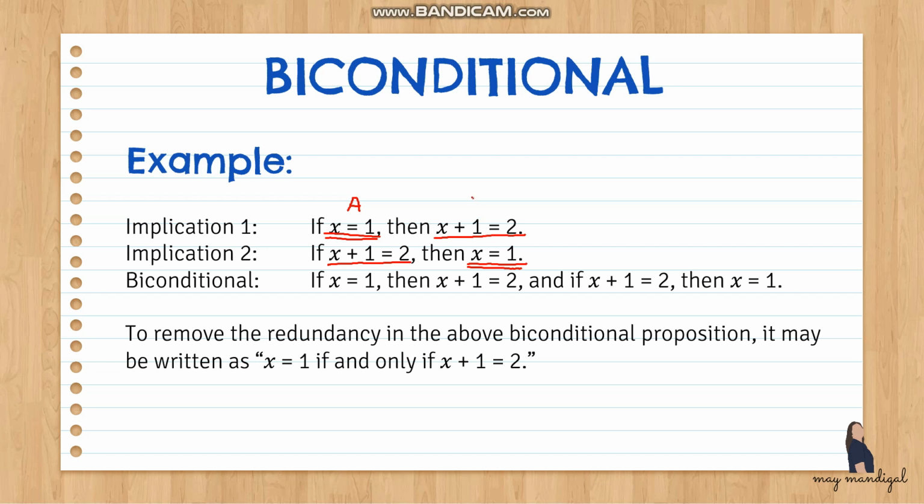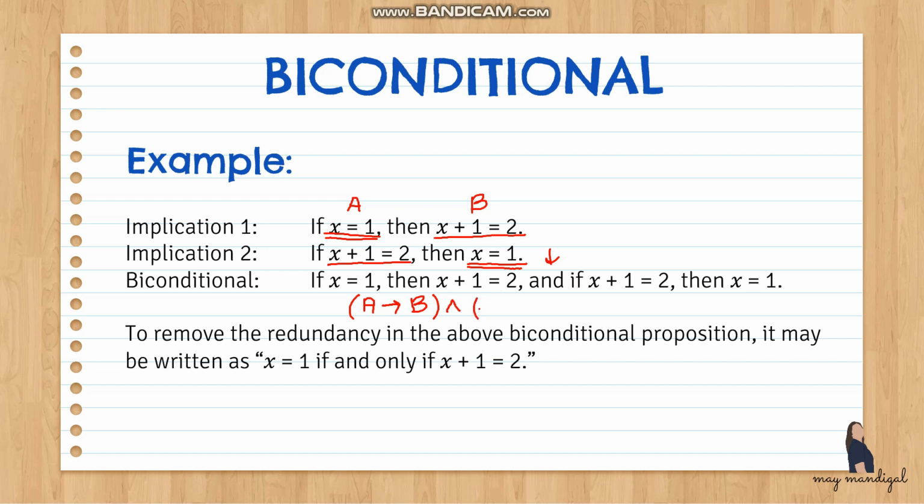And for x plus 1 equals 2, let's denote it using B. Following this sentence, if x is equal to 1, which is denoted by A, then, so we use an arrow, x plus 1 equals 2, which is B. So if A, then B. Then we just close it using a parenthesis. And then we have this word and. So for and we use an inverted V, something like this.